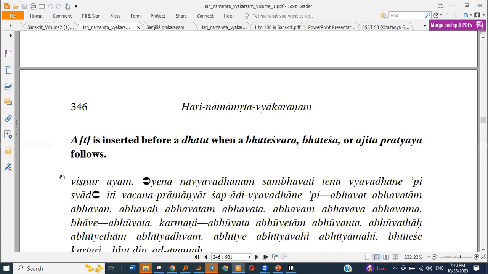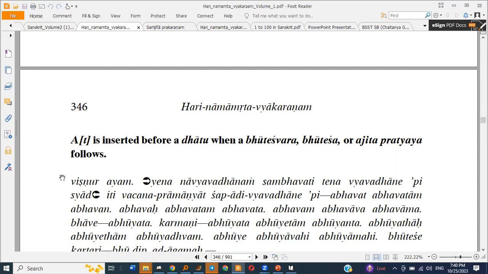This sutra means that At is inserted before a Dhatu when a Bhuteshwara, Bhutesha or Ajita Pratyaya follows. So Bhuteshwaras are the Pratyayas we will be doing now.